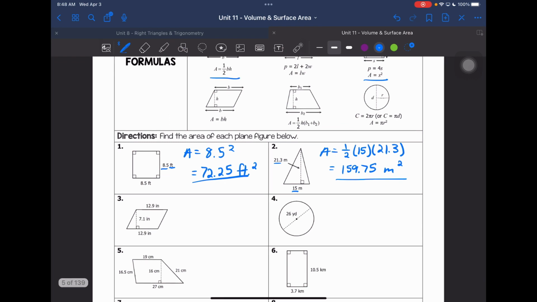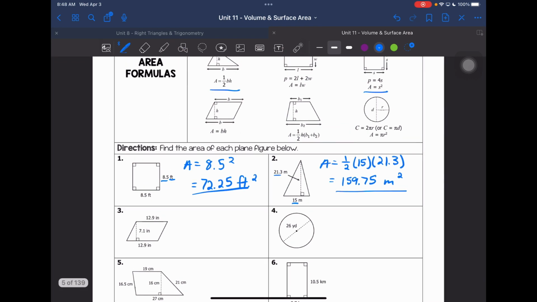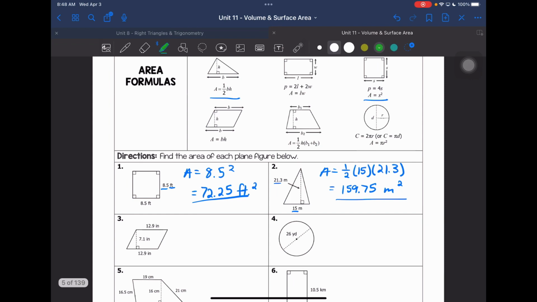Number 3 is what we would call a parallelogram. It's kind of like a rectangle, but it has a little bit of a slant to it, and it's called a parallelogram because these sides are parallel to each other, and then these sides are parallel to each other. And the formula for that is right here. The formula is just base times height.